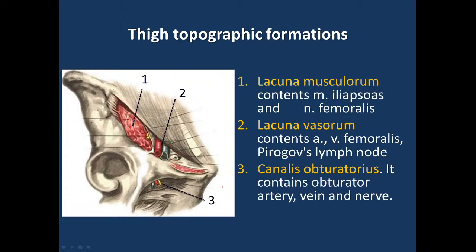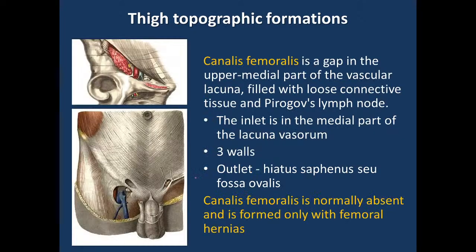Another topographical formation is located in the obturator membrane and contains artery, veins, and nerves with the name obturator: obturator nerves, obturator artery, and obturator veins. This is the group of vessels located in the medial group of the muscles.